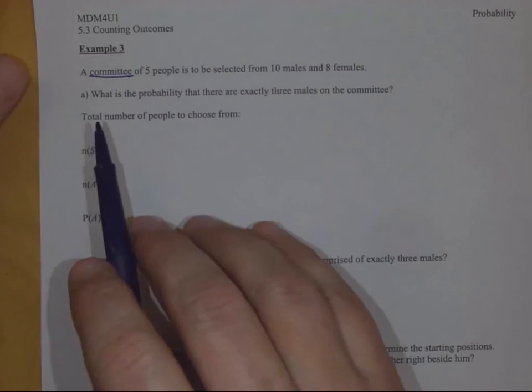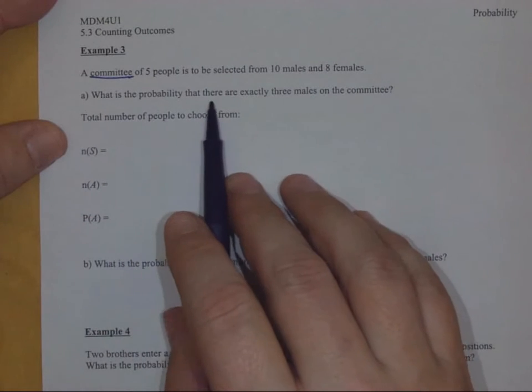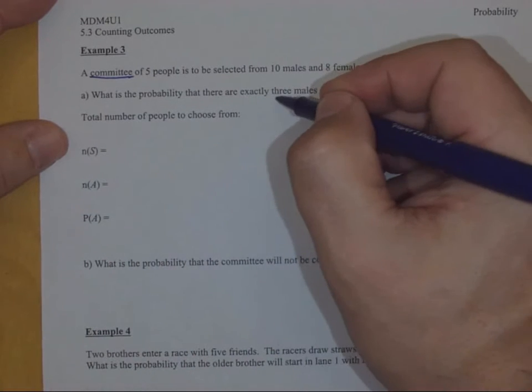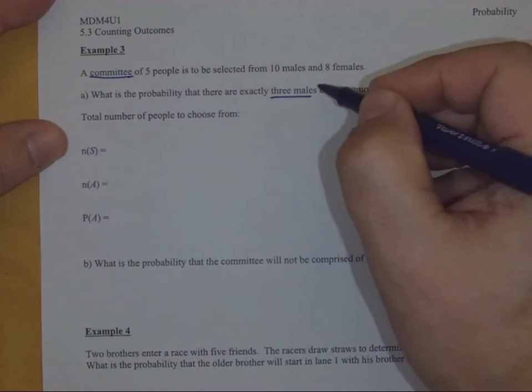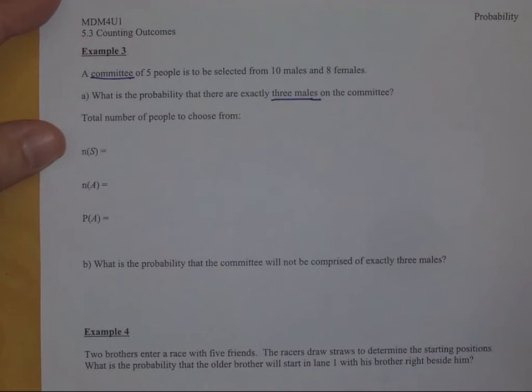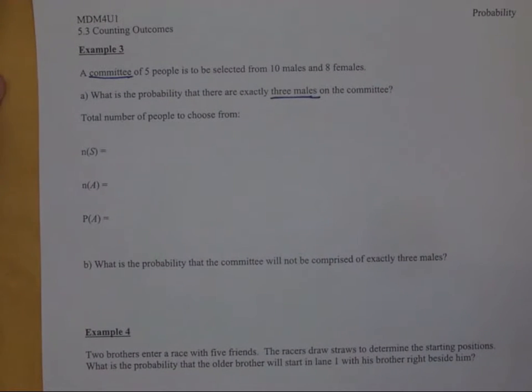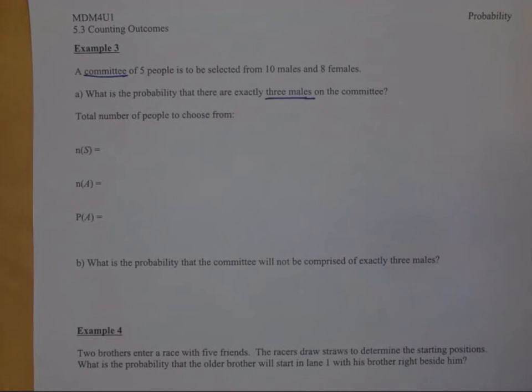No. The question is, what is the probability that there are exactly 3 males on the committee? We have to make sure there are 3 males on this committee. Okay, so now's a good time to pause the video if you want to try this yourself. And when you're ready, unpause it and you'll see the rest of this answer.